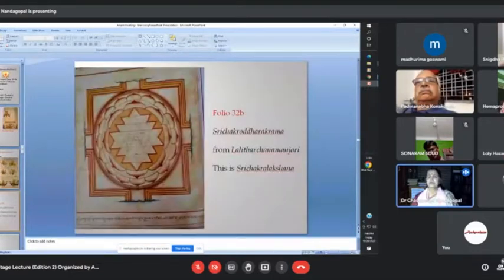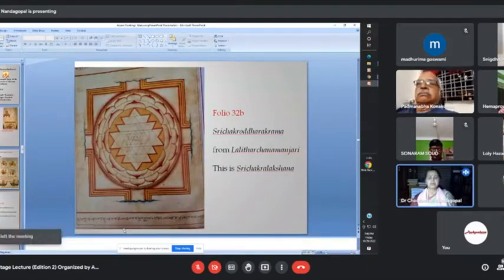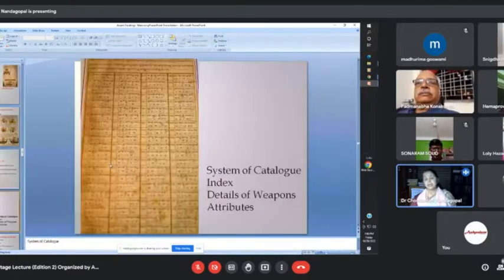So this is one Sri Chakra, Chakrabdha Krama, and below this is the entire chanting related to this chakra. It is given there. And very interestingly, there was a system of catalog.